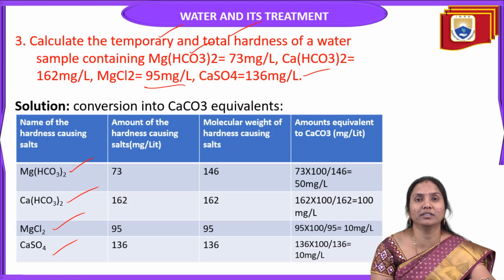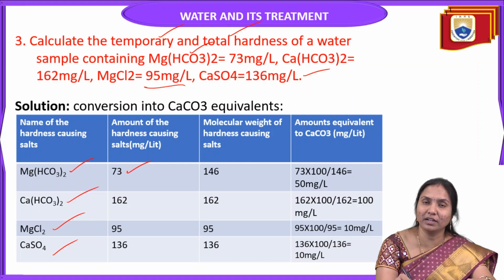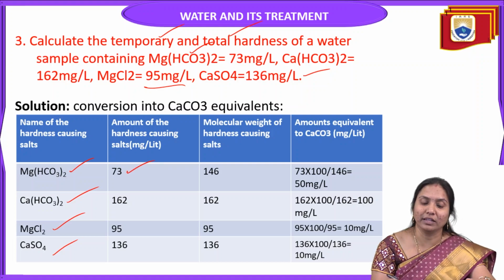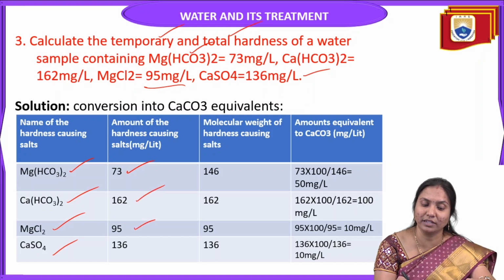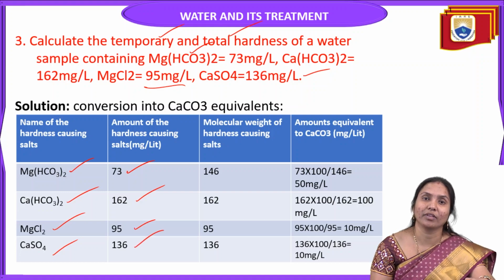What are the weights of these hardness causing salts in the given water? Magnesium bicarbonate is 73, calcium bicarbonate is 162, magnesium chloride is 95 and calcium sulfate is 136.